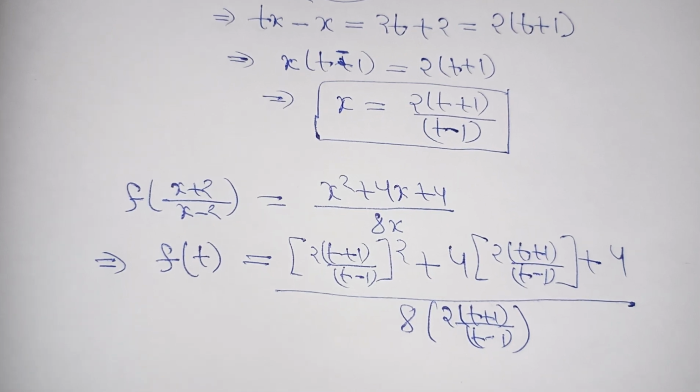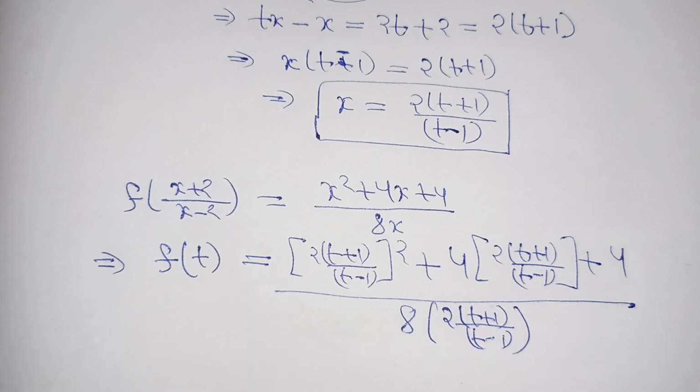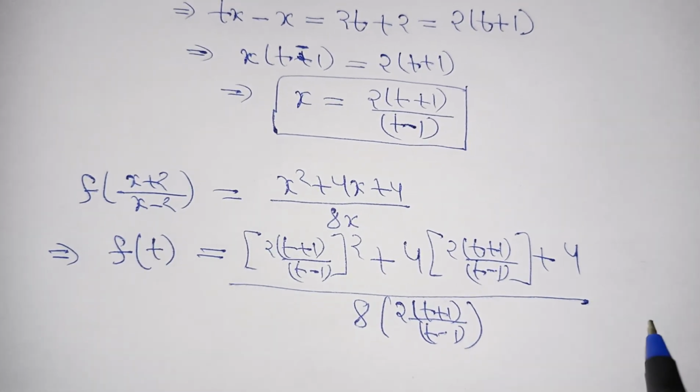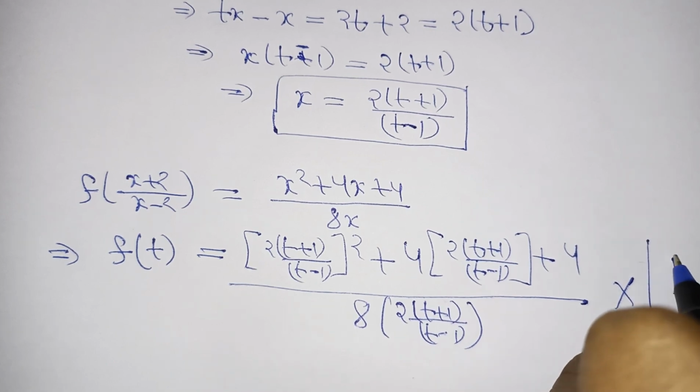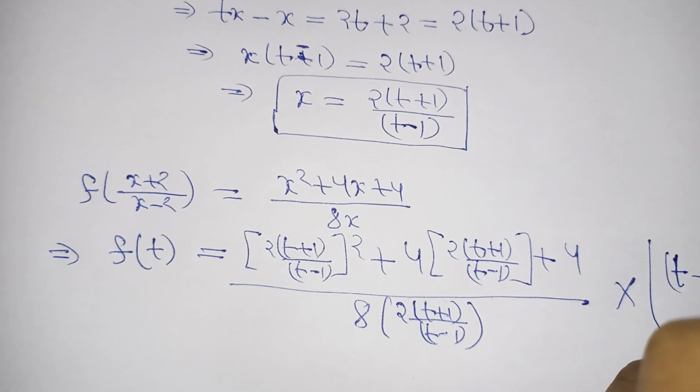Now how do we simplify all these portions? We just multiply the whole term by (t minus 1) whole square.